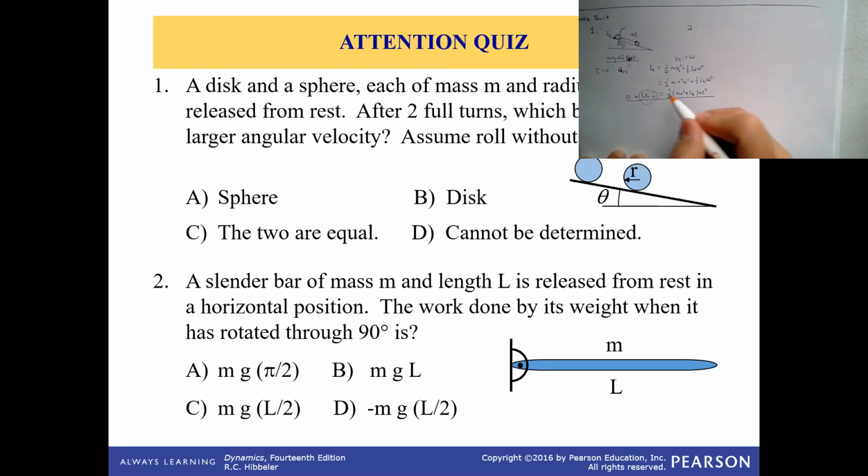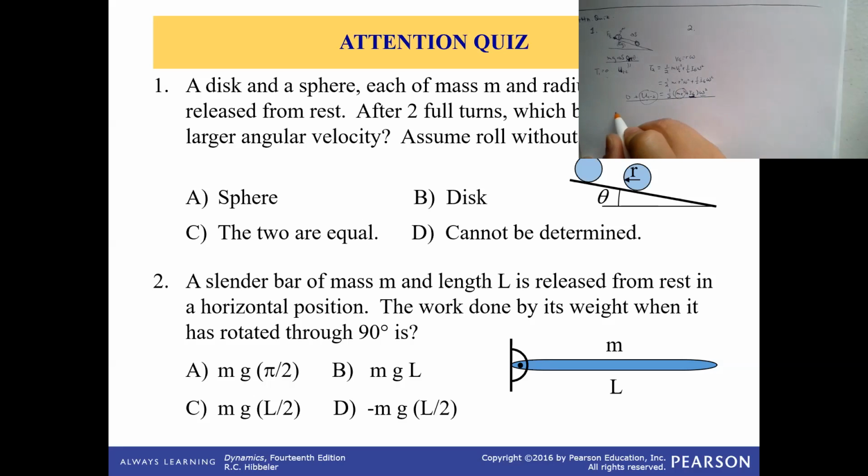So then we'll be looking at this expression over here. Now this is the same for both scenarios. They have the same mass and the same radius, so this is also the same. The only difference is the I G, so that will determine the omega here. If one has larger I G, then omega will be smaller. Otherwise, if the object has smaller I G, then omega will be larger. So we are looking for the larger angular velocity omega. That means whichever has smaller I about its center of gravity is the one.